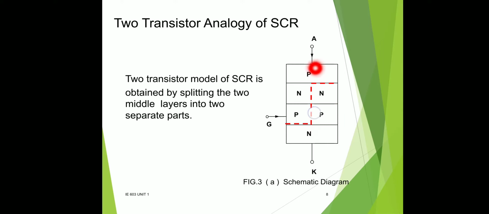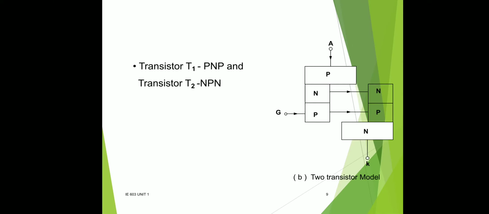The 2 transistor model of SCR is obtained by splitting the two middle layers into two separate parts, and then we get the two transistors, one PNP transistor and one NPN transistor. T1 is PNP and T2 is NPN.